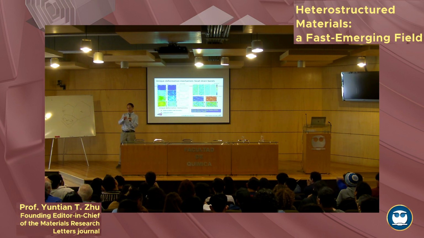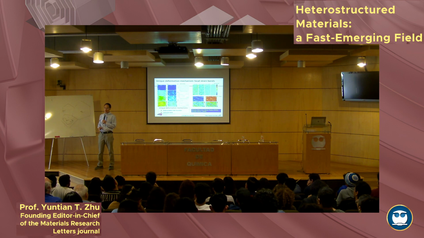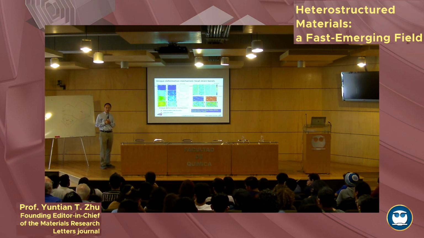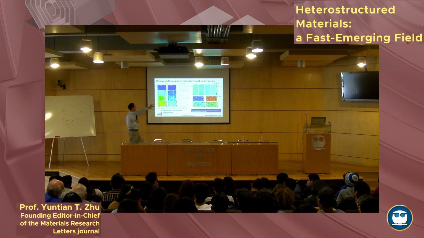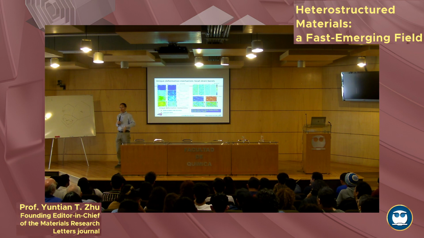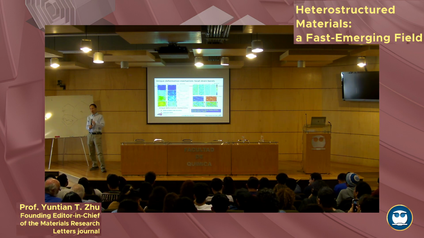Here, it's more like you disperse them uniformly over the whole gauge length, so that the whole sample will not fail. This kind of delocalization of the bands, like a dispersion, makes it accommodate larger plastic strain.